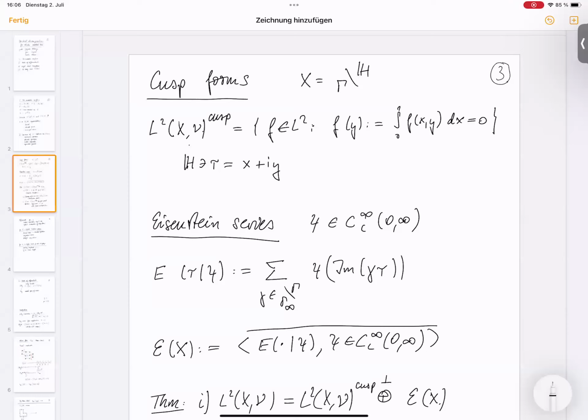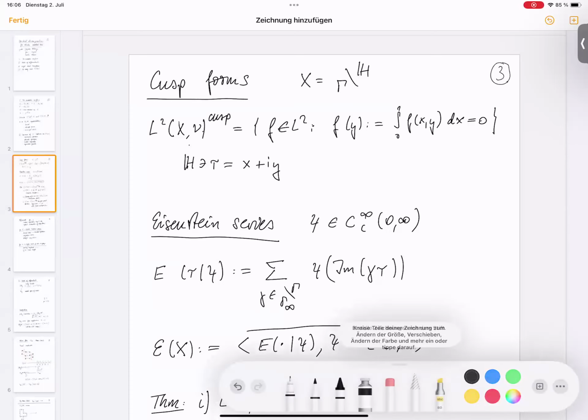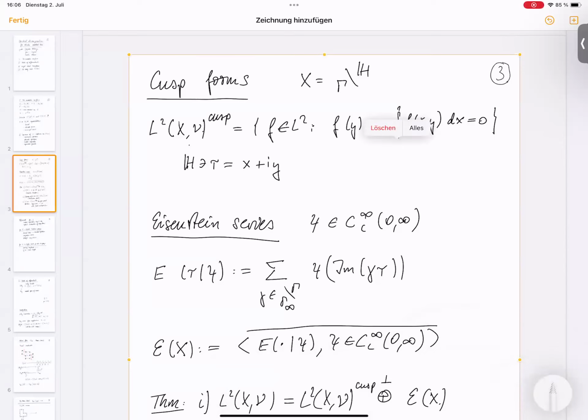These are the L2 functions that for the horocycle around the cusp, which is nothing but integrating the x variable from 0 to 1, give 0. So this is the space of cusp forms, and the other player, the complementary player, is the space of Eisenstein series.